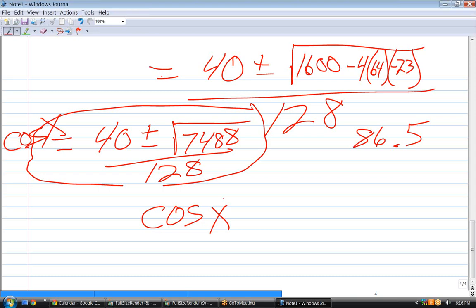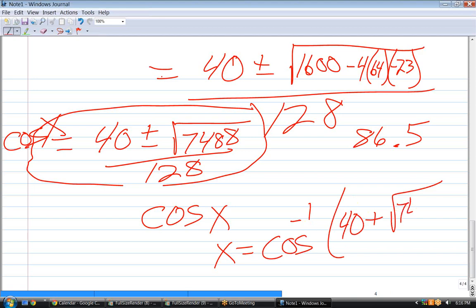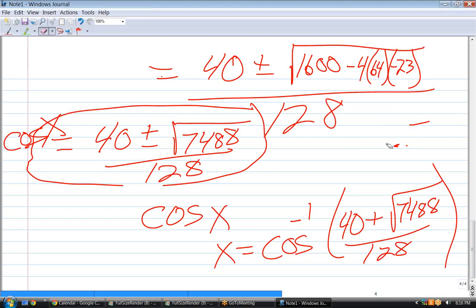So we want to take the inverse cosine of 40 plus root 7488 all over 128. That'll maintain your accuracy. Come up with an answer for that, which we will round to the nearest hundredth.